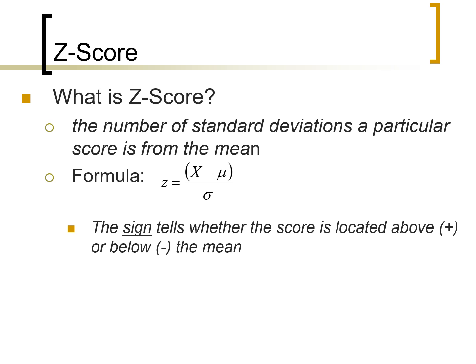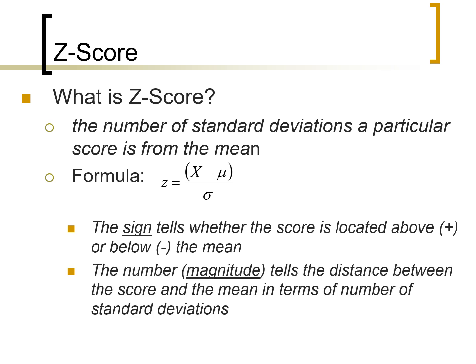And of course, then you can be below the mean if you're below the average and have a negative z-score. So once we've considered the sign, now we need to consider the magnitude, or how big that z-score is. That tells us, whether it's positive or negative, how far above or below the mean that individual score is.